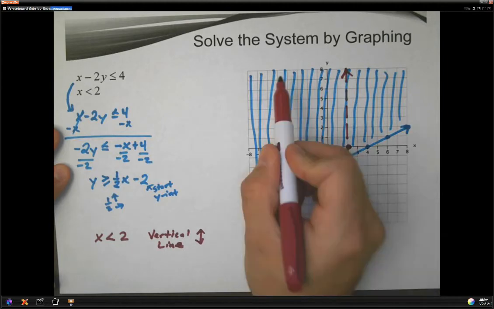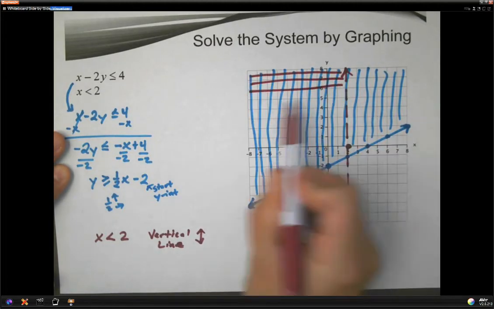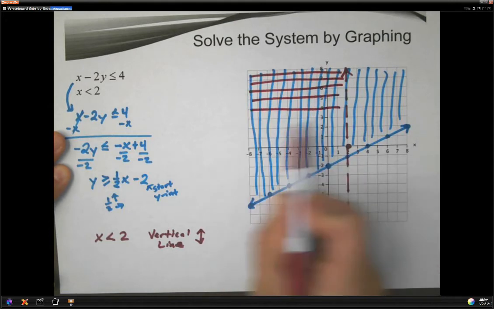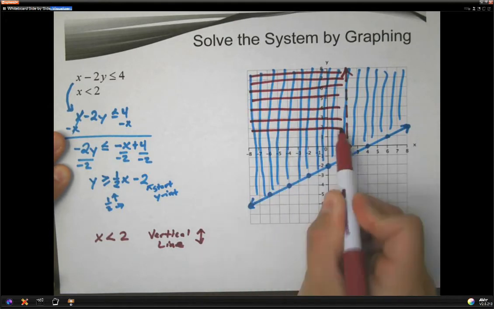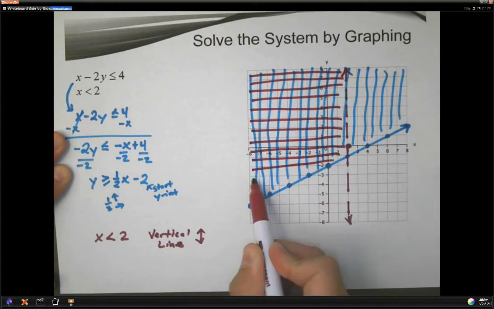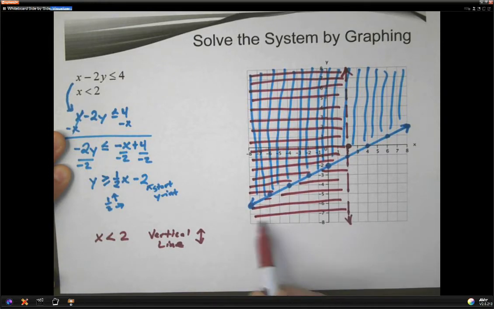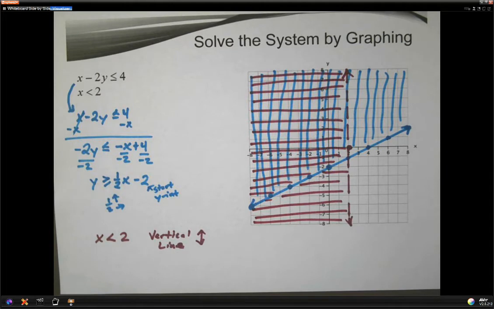And so that's the values that we shade. So we go ahead and shade our graph to the left of our line in this particular special case. And so I shaded everything to the left of the line.